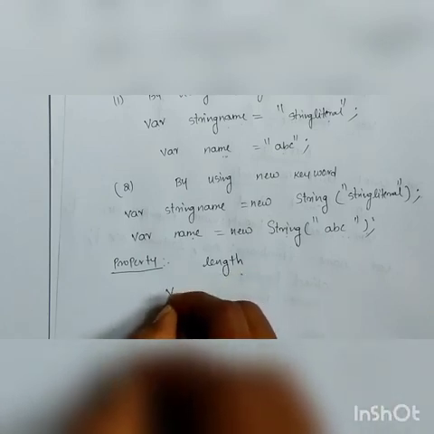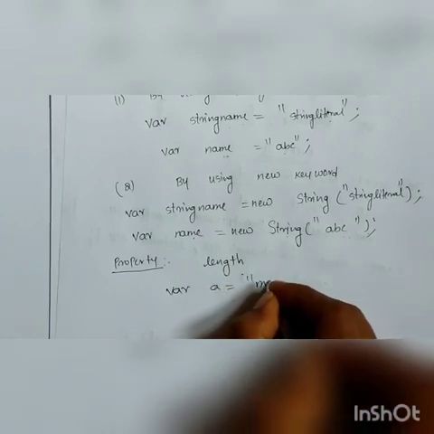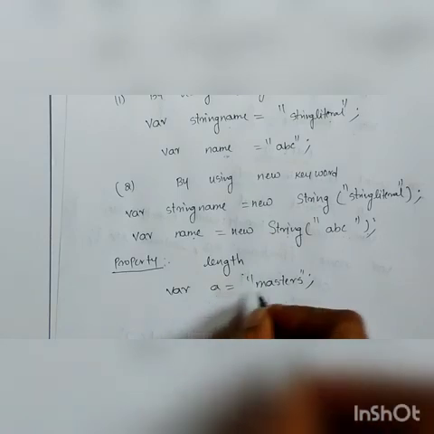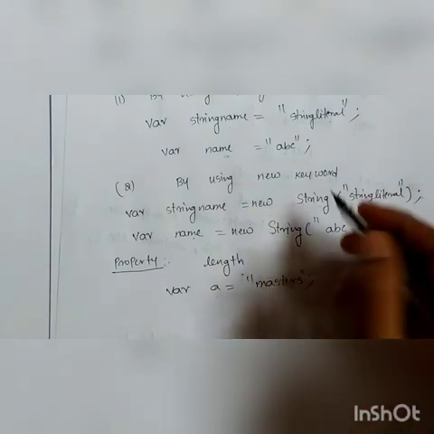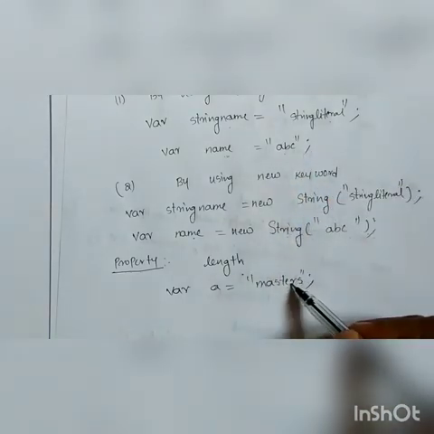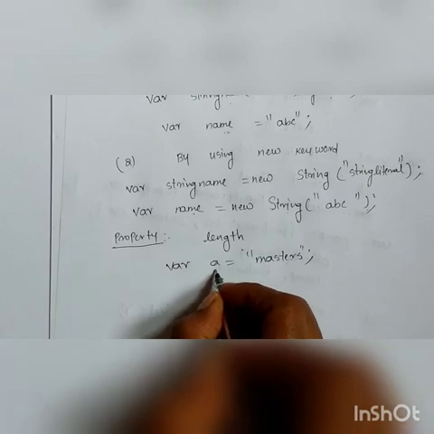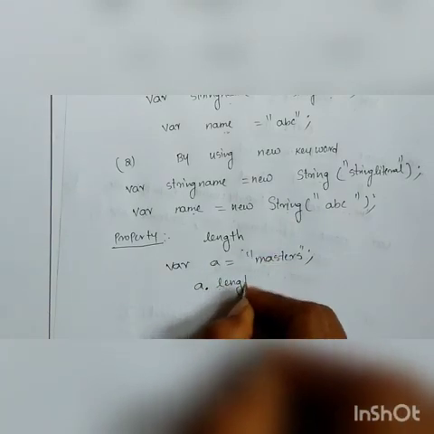So let us take one example. Var A is equal to Masters. Here the string name is A. The string literal value here is Masters. I am using the first method to create the string object. Next I am using the length. The string object here is A, and the property name is length.